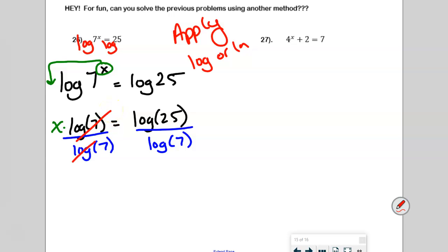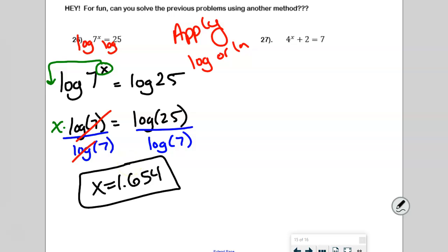Just make sure you are using the same kind of logarithm within your problem and you're closing the parenthesis after each one. So I'm going to get x equals 1.654. These are rarely pretty answers unless you have a common base kind of question, like we saw at the beginning. Or sometimes base 10 problems are nice.